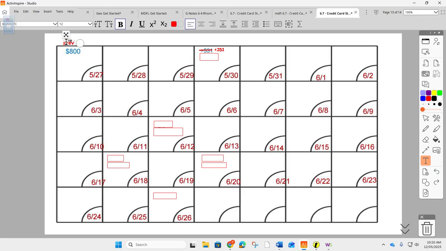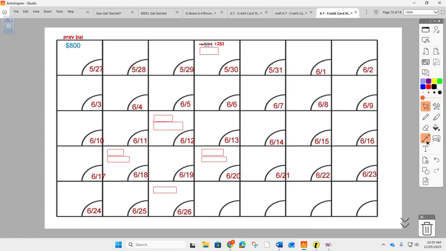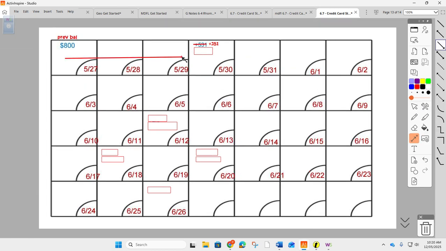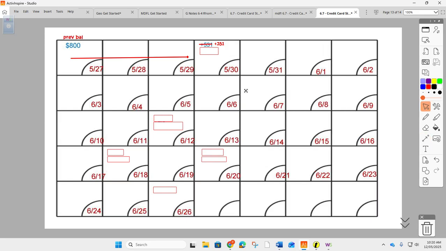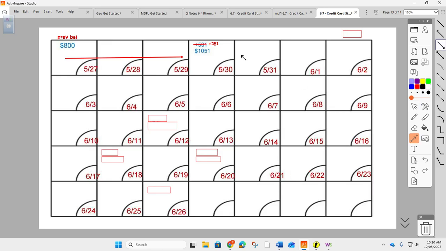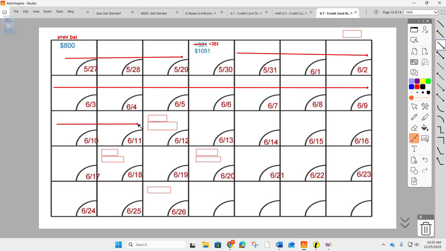That balance goes for 3 days until we get to the first transaction. They made a purchase for $251, which brought their balance to $1051. So that balance, they did not make another purchase for 13 days.